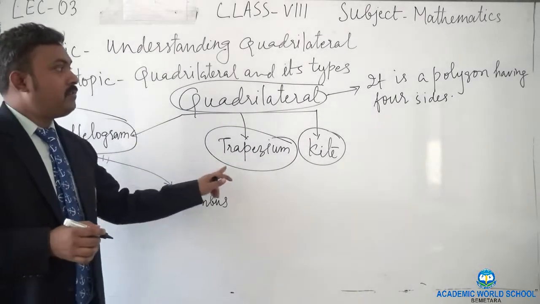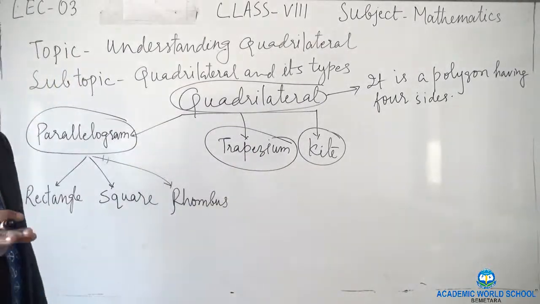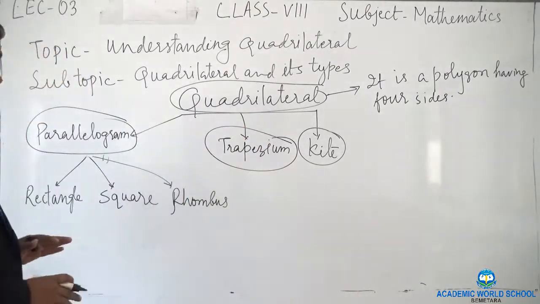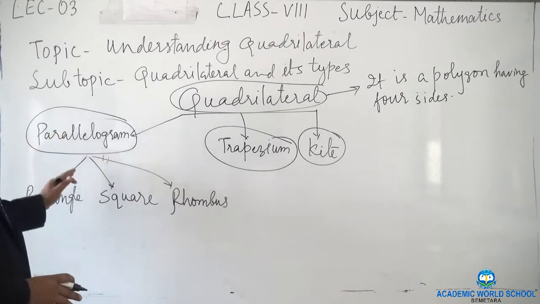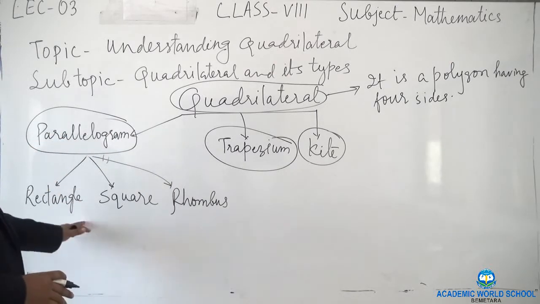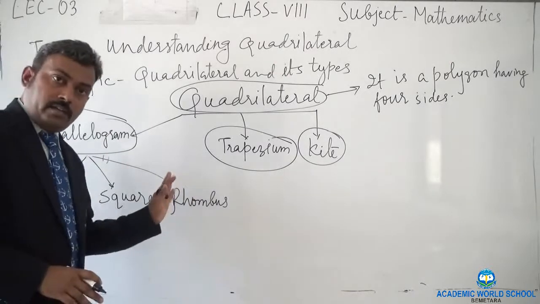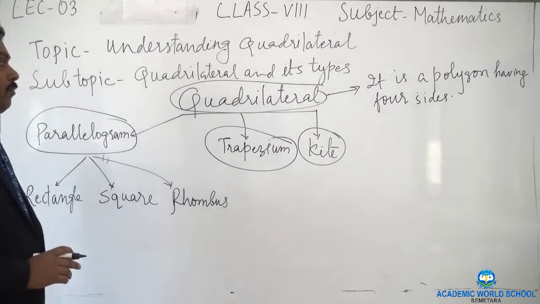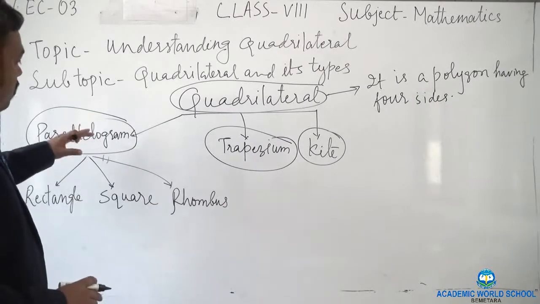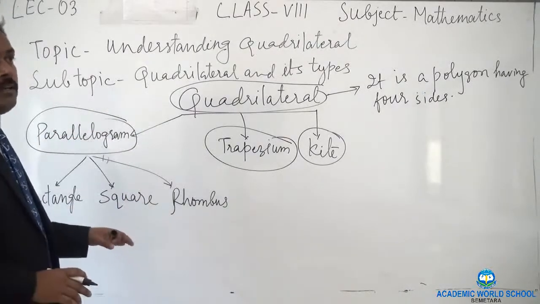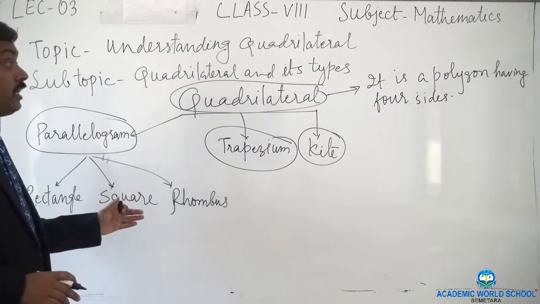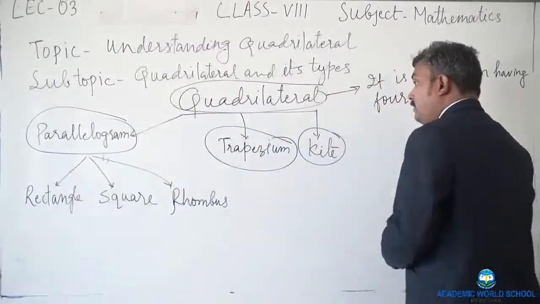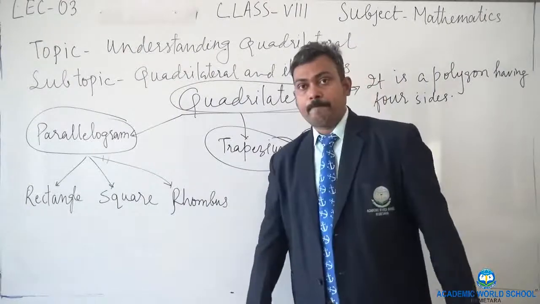Further, the parallelogram is categorized into 3 different types: rectangle, square, and rhombus. So we will talk about each of the quadrilaterals and their properties.